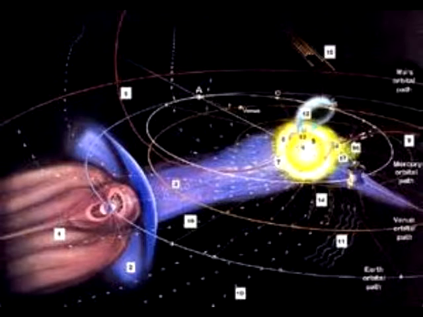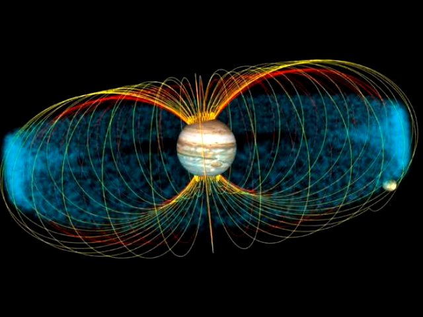So it happens on the solar system level, the galactic level, and here is a representation of the magnetic field of Jupiter, which you can see is pretty huge. And even in this image you can see a ring of something orbiting perpendicular to the poles.